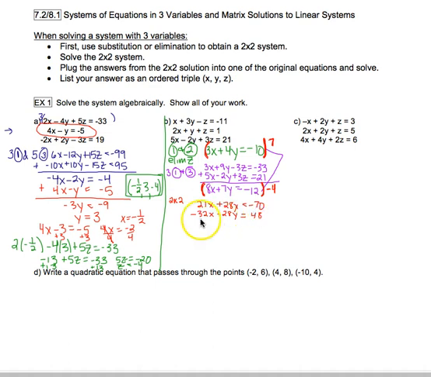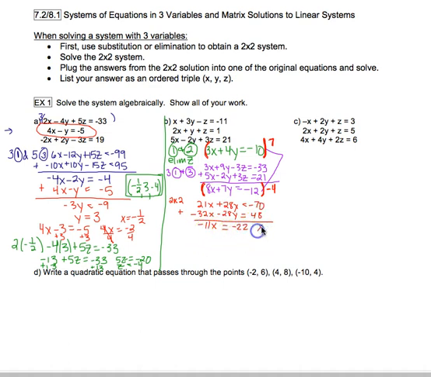And that's a positive. So then add those two together, and I get negative 11x. My y's are eliminated. And over here, negative 70 plus positive 48 gives me negative 22.